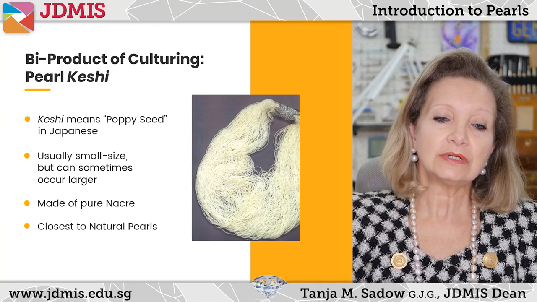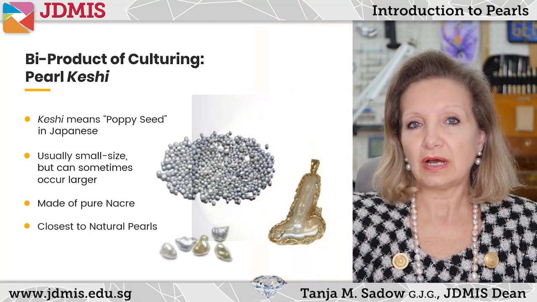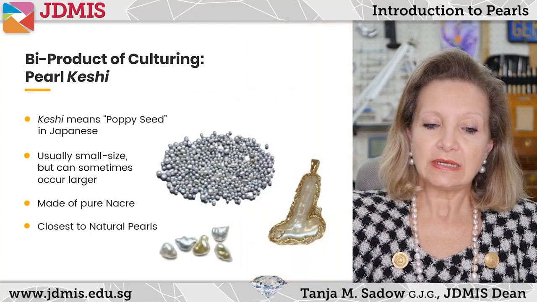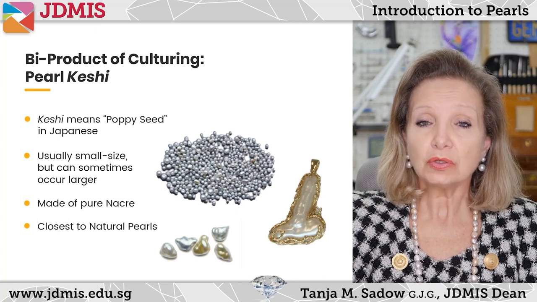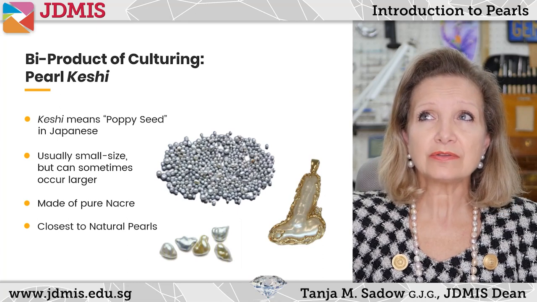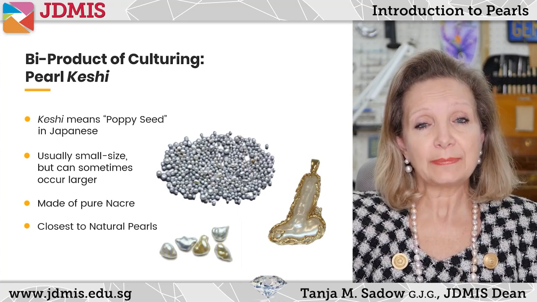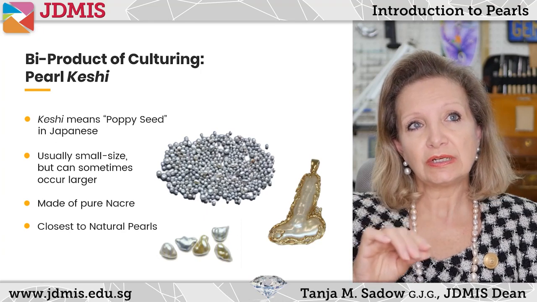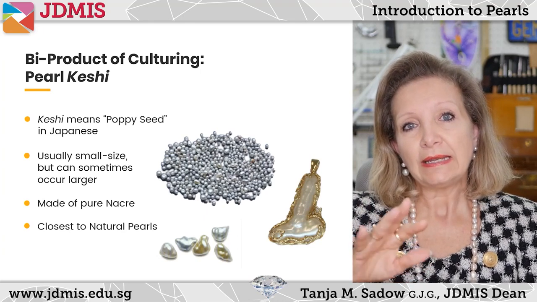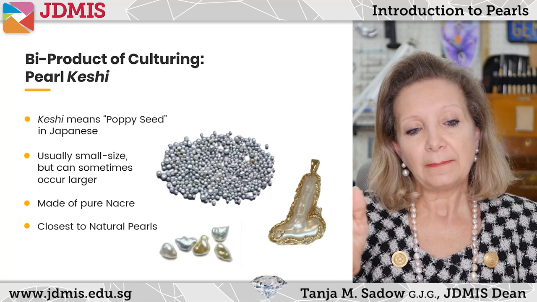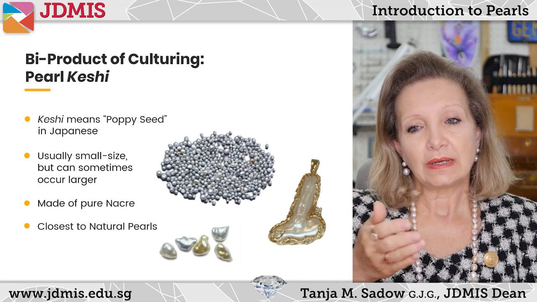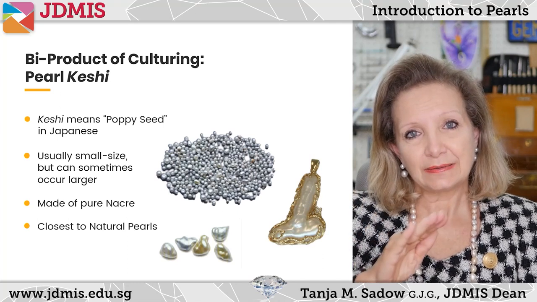And then later, the word was used also for larger sizes, because in saltwater and South Sea varieties, what can happen sometimes is that when you insert the nucleus and the mantle tissue, it might actually reject the nucleus.